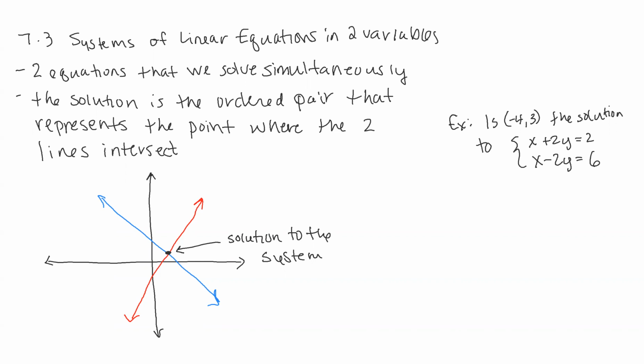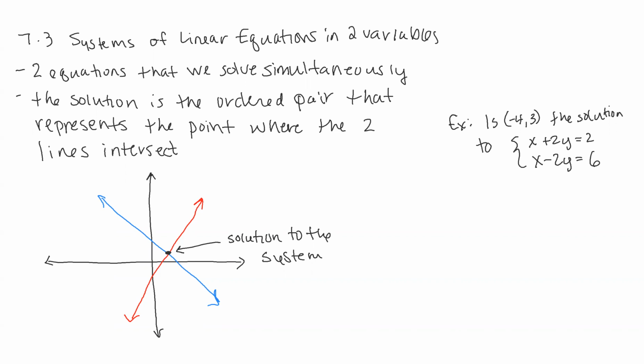Okay, so what we have here is a system of equations. You usually use a really large curly brace, and you wrap it around the left side of the two equations that says these two equations go together. We're treating them as a single system.